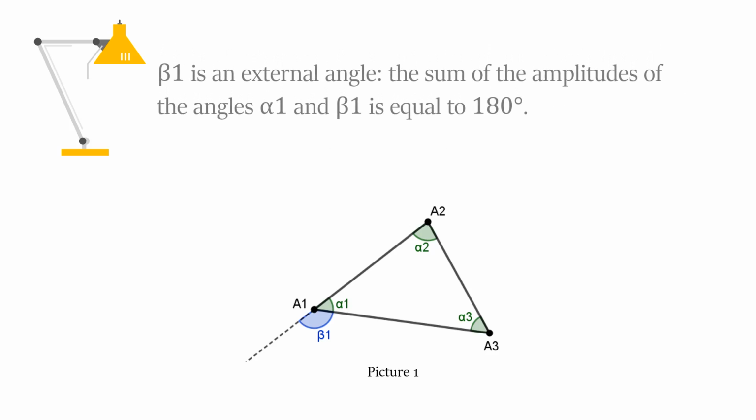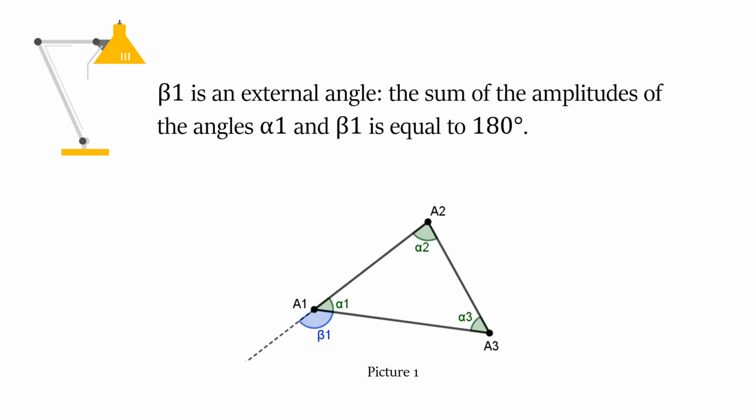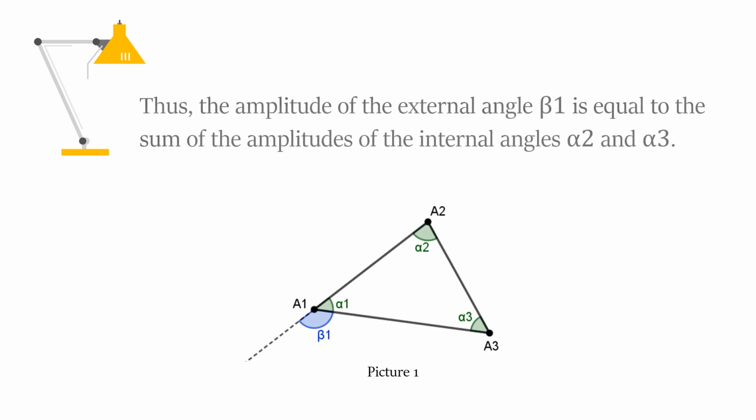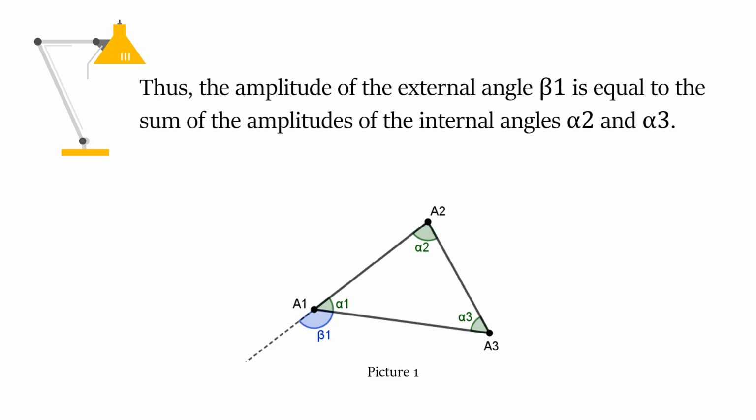Beta 1 is an external angle because the sum of the amplitudes of the angles alpha 1 and beta 1 is equal to 180 degrees. Thus, the amplitude of external angle beta 1 is equal to the sum of the amplitudes of the internal angles alpha 2 and alpha 3.